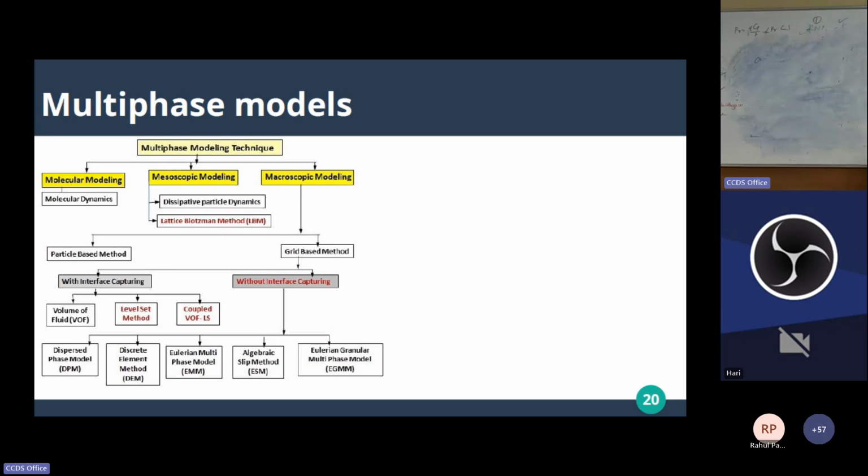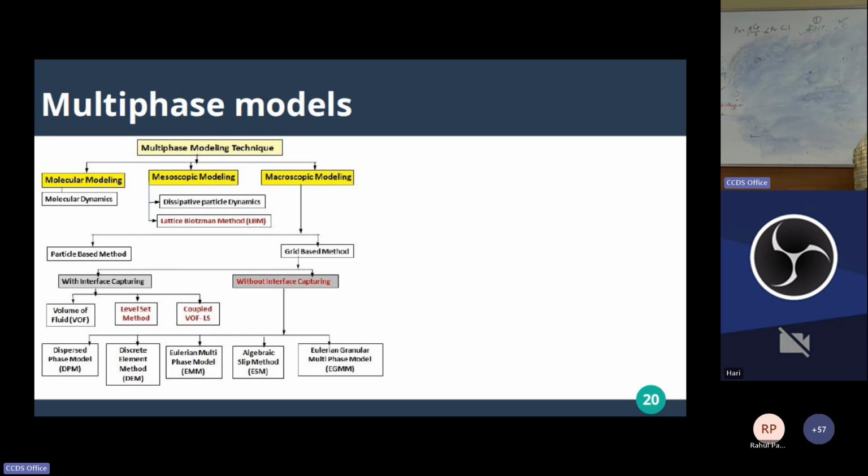That is what we call a grid-based technique. And in that also, there is interface capturing and without interface capturing. If you don't want to capture interfaces, then we usually have a simplified Euler approach. If you are going to capture the interface, you will have something like a single-fluid formulation, but the interface you will be in a position to track. We'll come back when we see that.